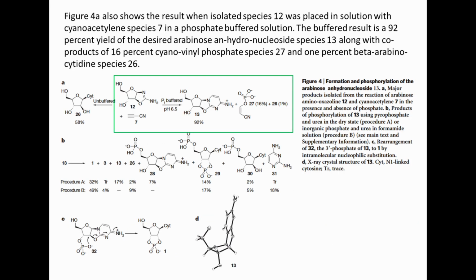Figure 4a also shows the result when isolated species 12 was placed in solution with cyanoacetylene species 7 in a phosphate buffered solution. The buffered result is a 92% yield of the desired arabinose anhydronucleoside species 13, along with co-products of 16% cyanovinyl phosphate species 27 and 1% beta-arabinocytidine species 26.